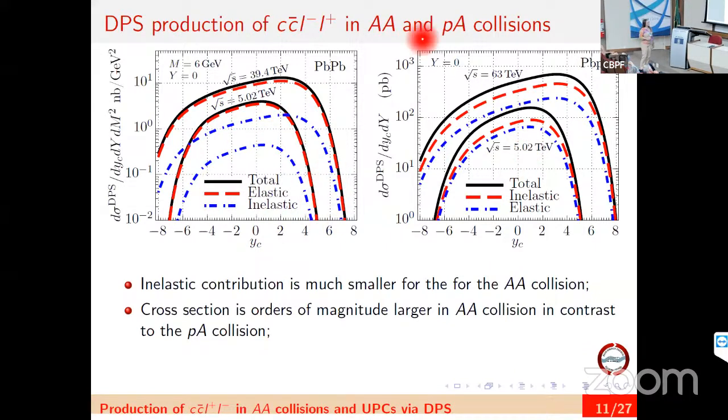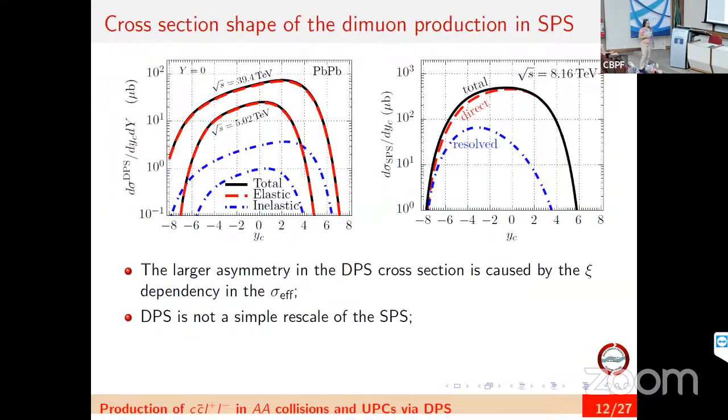And here, if we take a projectile, not a nucleus, but a proton, the picture changes and the inelastic photons contribute more. And we have results in the order of picobarns, smaller than this one for the nucleus in nanobarns. Here, just to show you the shape of the cross-section of a single scattering producing the muon.